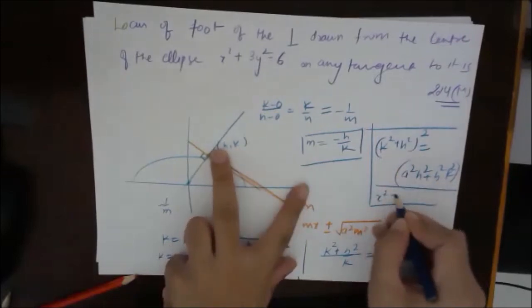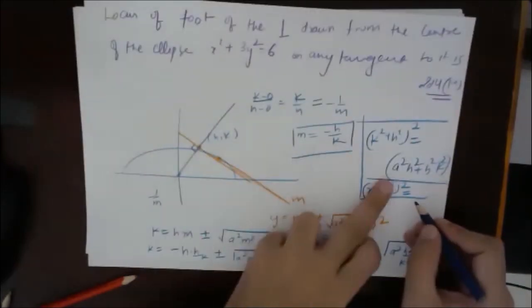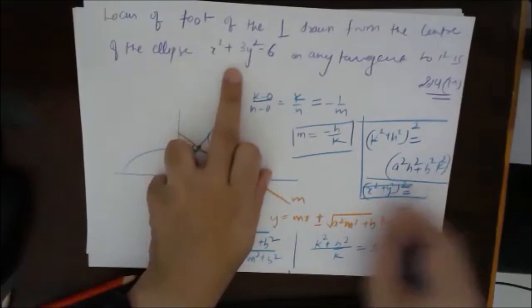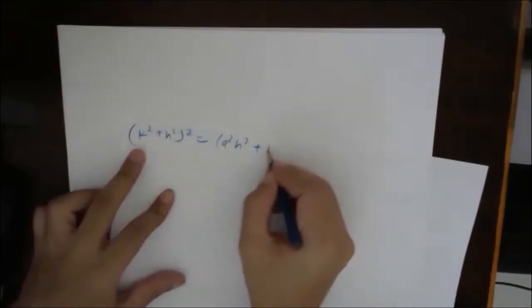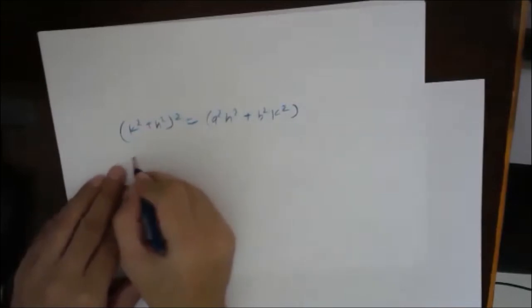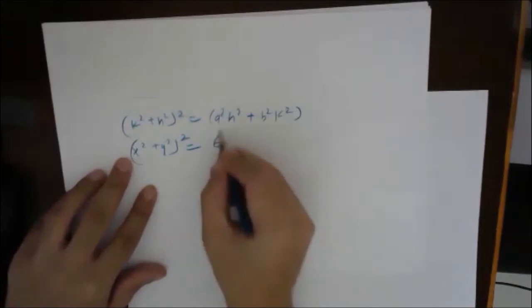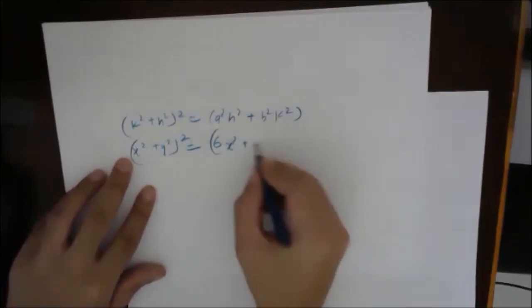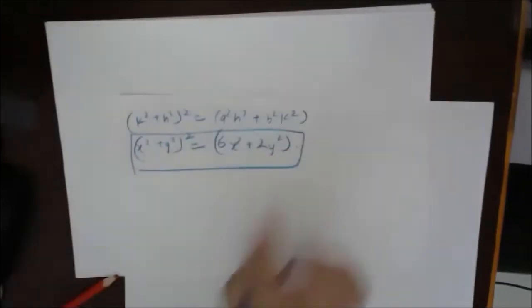So x square plus y square whole square equals a square h square plus b square k square, which is x square plus y square whole square equals 6x square plus 2y square. This is the locus of the foot of the perpendicular.